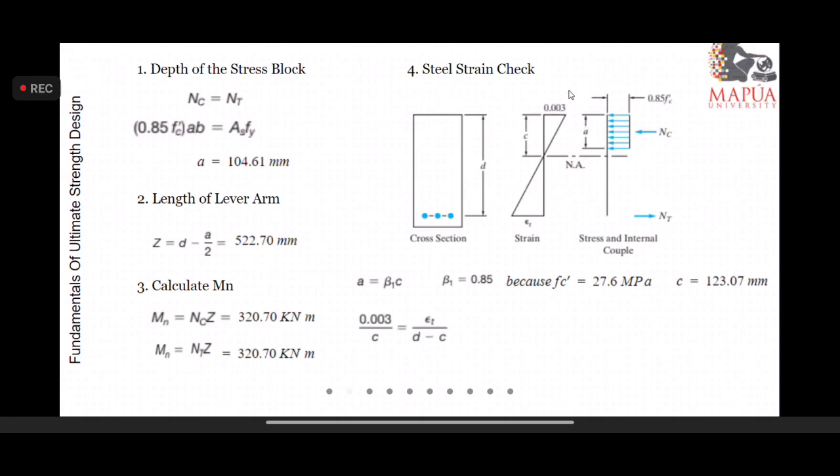And then by similar triangles, we have this 0.003 is to C as epsilon sub T is to D minus C, that's the effective depth minus the C. And we can then solve for the strain for this steel, defined as 0.011 millimeter per millimeter. Actually, that's dimensionless or unitless.